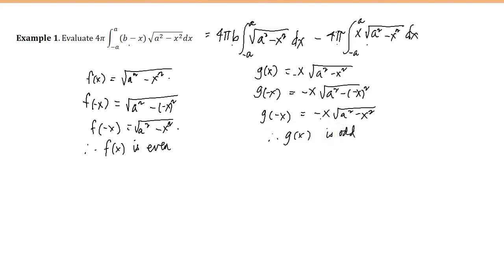And kung babalikan natin yung napag-usapan natin dun sa may introduction natin, if we have the even function, we can express this first term here equal to 4 pi b, the function a squared minus x squared dx. Papalitan na natin itong limit natin. So instead of negative a to positive a, ay magiging 0 to a siya, and we multiply this by 2.